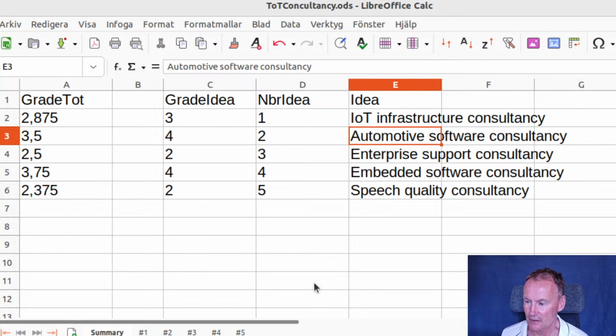But at least it is an indication that if I do consultancy, it will probably be in one of these 2 areas. Probably. Good to know.